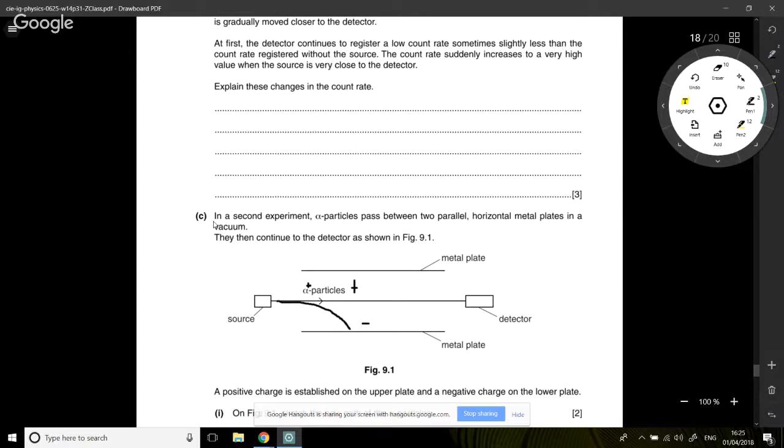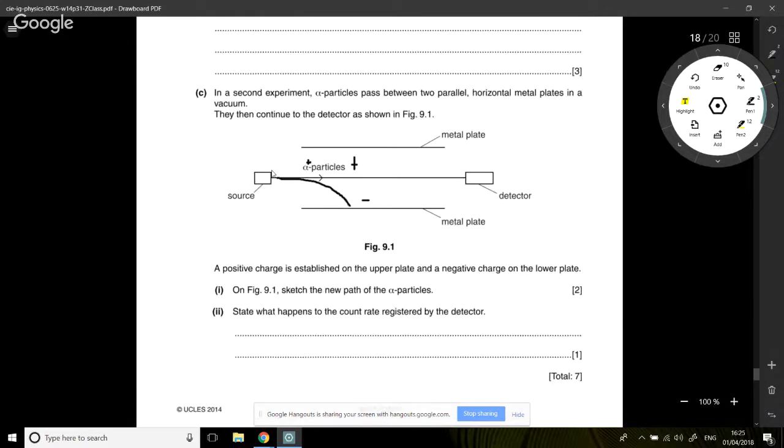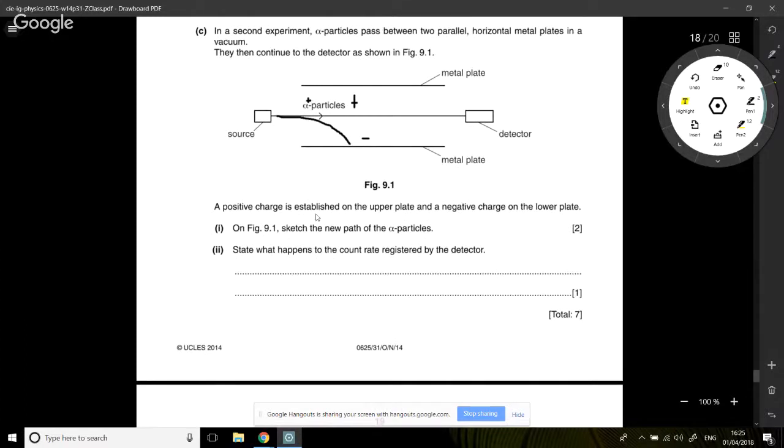And then in a second experiment, alpha particles pass between two parallel horizontal metal plates in a vacuum. They then continue to the detector. So initially they just go straight through. Then you apply a positive charge on the upper plate and a negative charge on the lower plate.